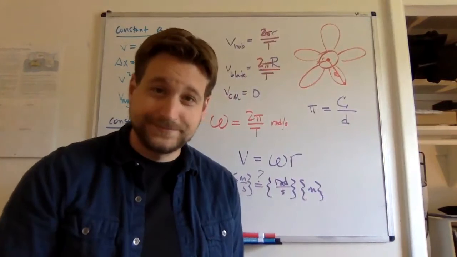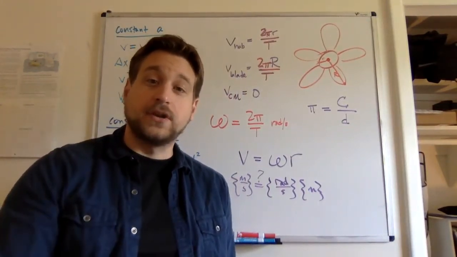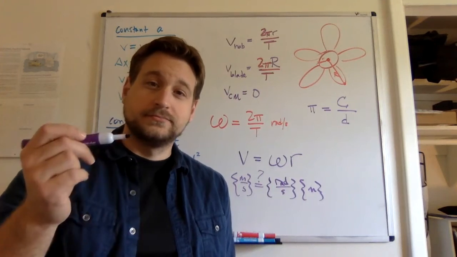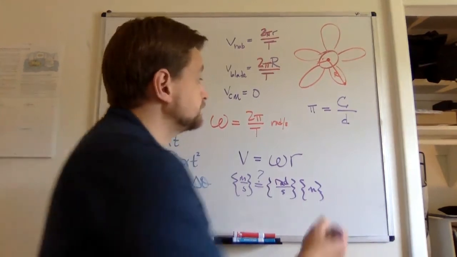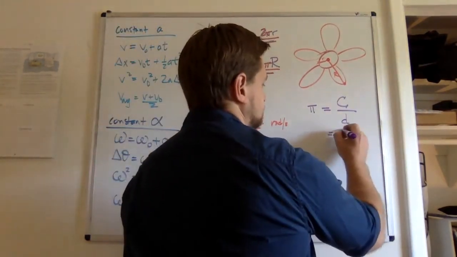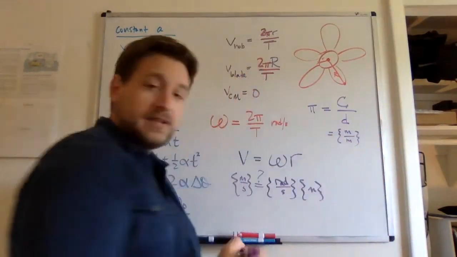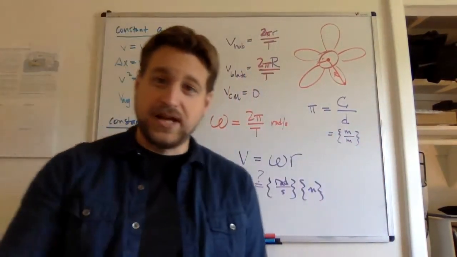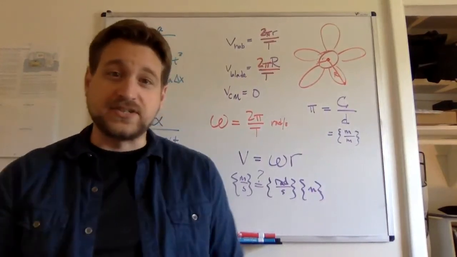Pi is the number that is the ratio of a circle's circumference to its diameter. Both are lengths. Pi is dimensionless. It has no dimension. It's just a number.